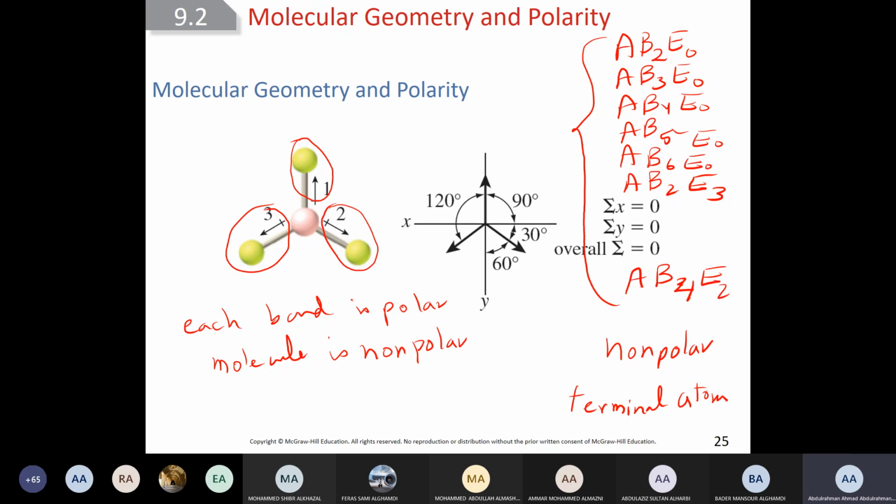The rest, the other shapes that we discussed last time, are polar. These are non-polar, but the terminal atoms must be the same; if they are different from each other, the molecule is polar.